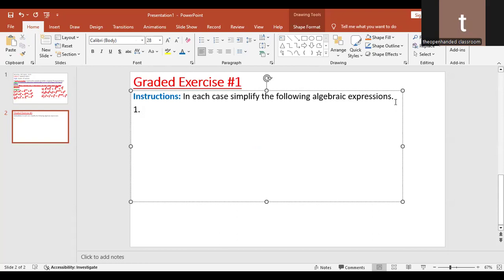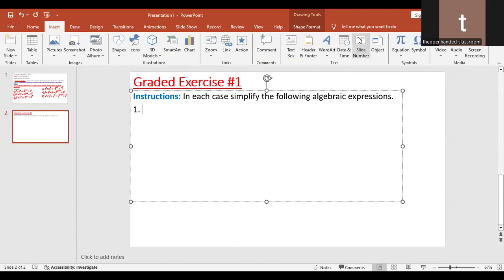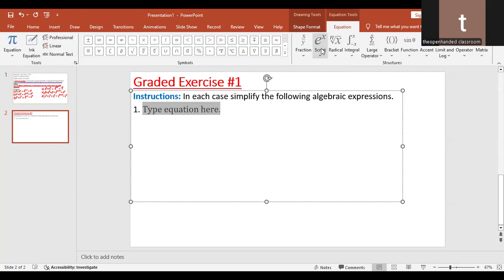Yes, you can. Okay, so let me write down the questions. So we have m to the power of 3 multiplied by m to the power of 4.